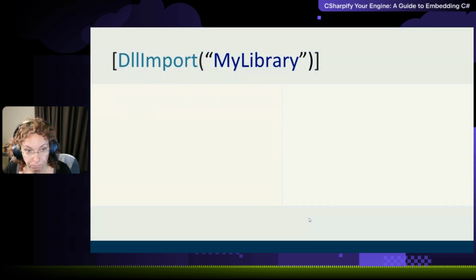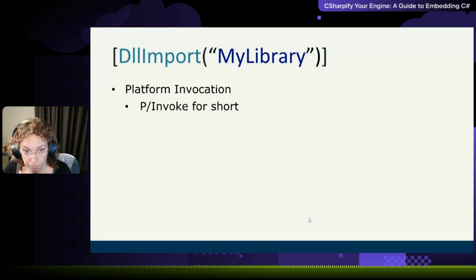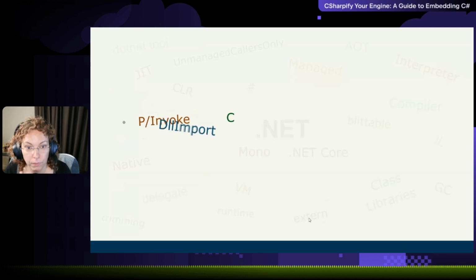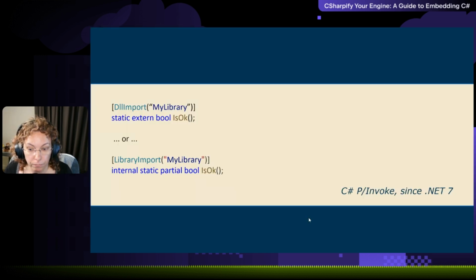So with DLL import pinvoke, you can only call C functions, because C function names are known. C++ names are not known. And this is what we're doing, just calling the pinvoke.